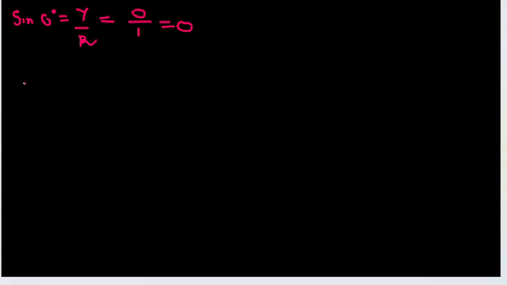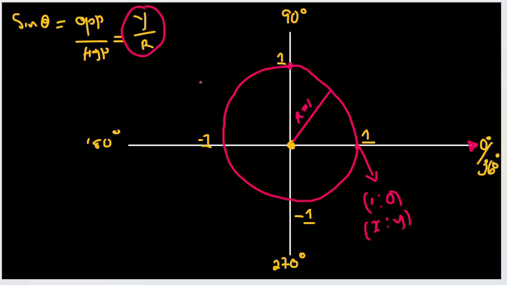Now let's go to sine 90 degrees. We know that this point has the value (0, 1), where my x is 0 and my y is equal to 1.